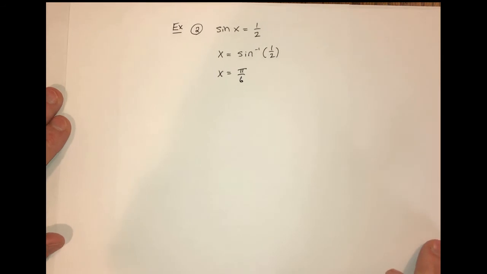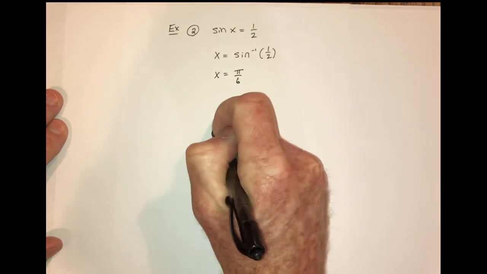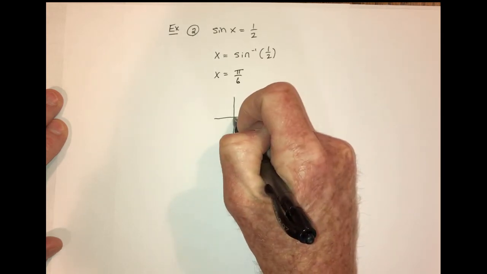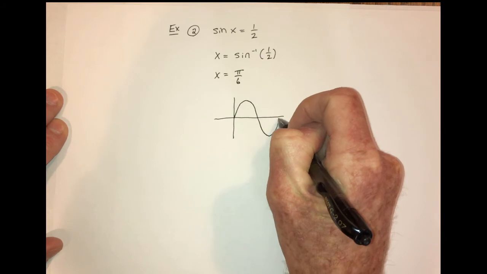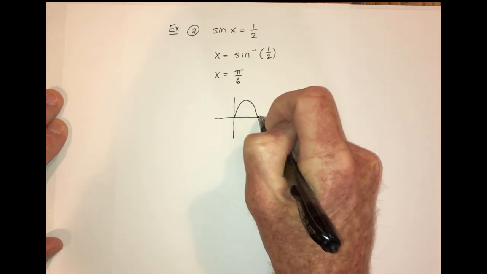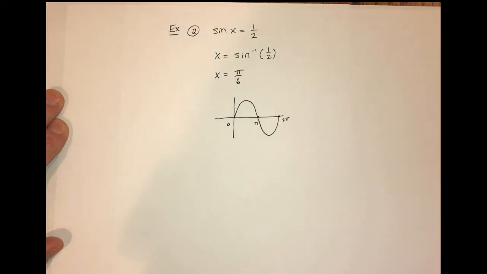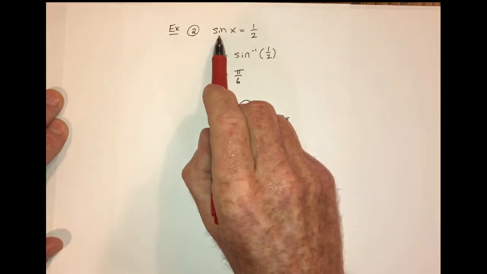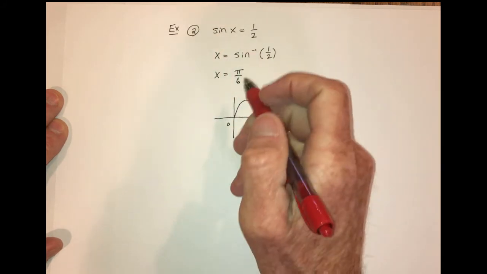Then to find the next answer, take a look at the graph of sine. So sine starts at the origin, goes up, then goes down, and then finishes one cycle by the time we get to 2 pi. And again, this part is saying, take a look at the graph of sine, and when is the y value equal to 1/2?